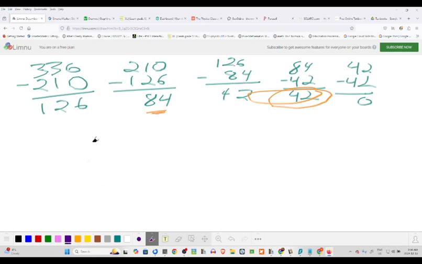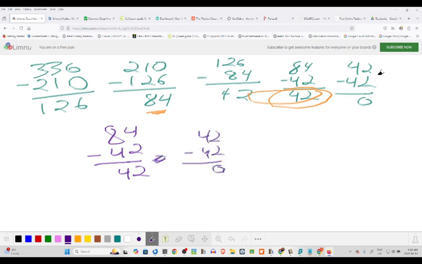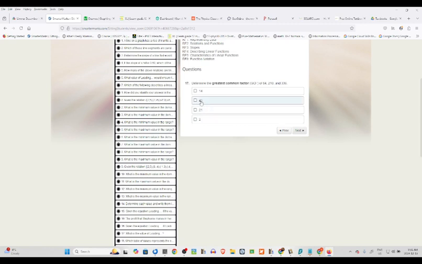So if we do our next step, the greatest common factor, sorry, I'm just going to undo that. It didn't start writing right away. 84 minus the 42 we had from our previous one. That's 42. And 42 minus 42 is 0. Really, that third check is this process right here. So 42 is our greatest common factor.